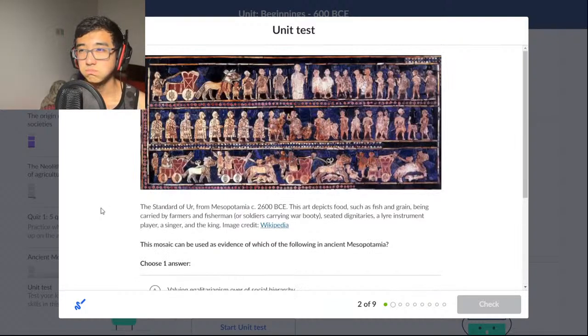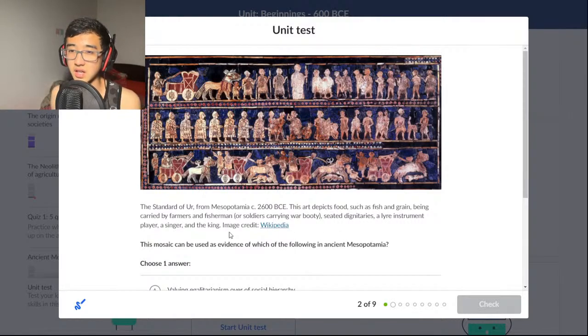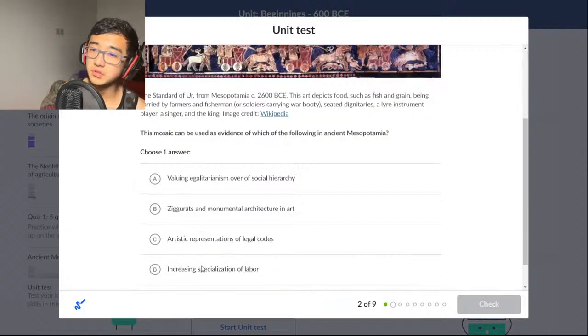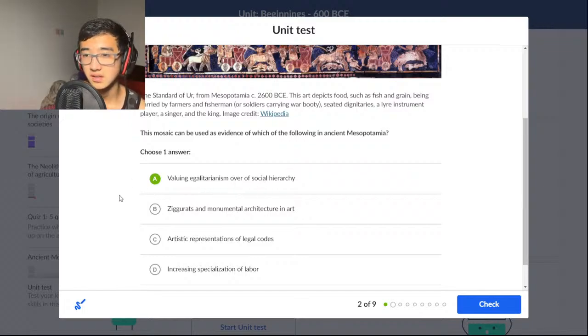So could this be a parade? It says this art depicts food being carried by farmers and the king. So it could be a social hierarchy. I don't know what egalitarianism is, but I do know what social hierarchy is.